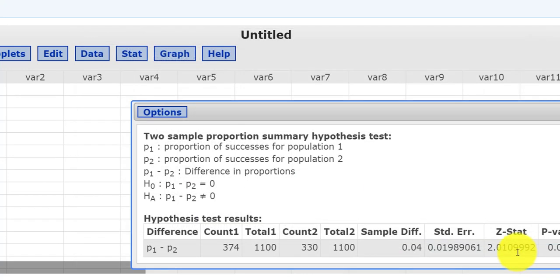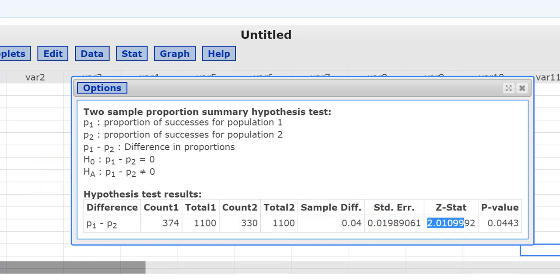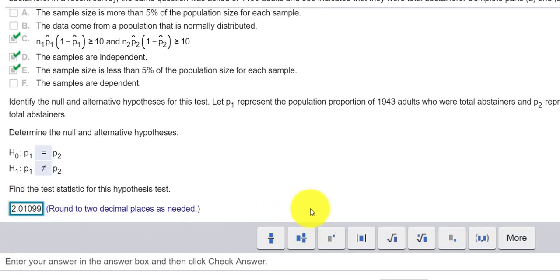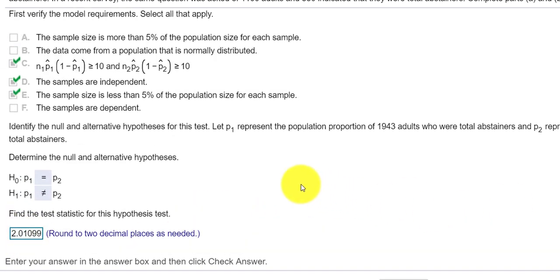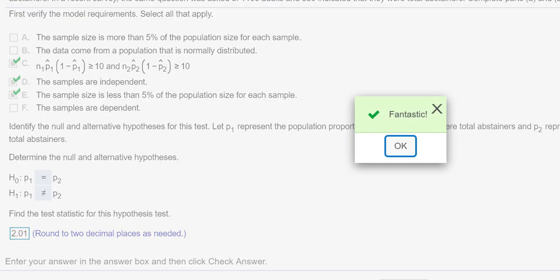I press compute, and here is my test statistic, the z-stat. So I will just cut and paste here and enter that in here. Now they did say to go 2 decimal places, so I can round to 2.01. I press check answer.